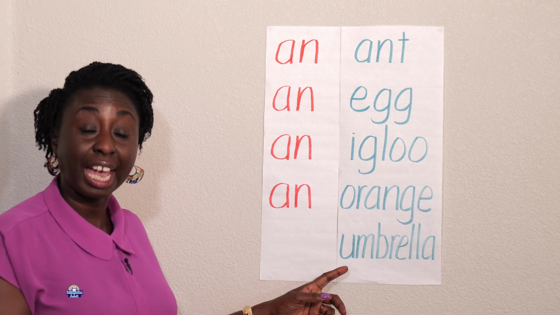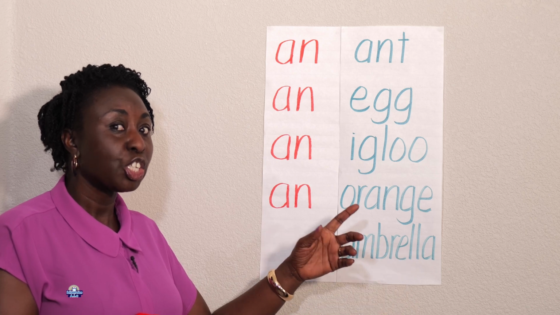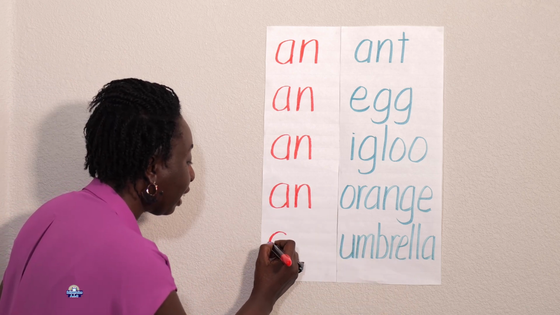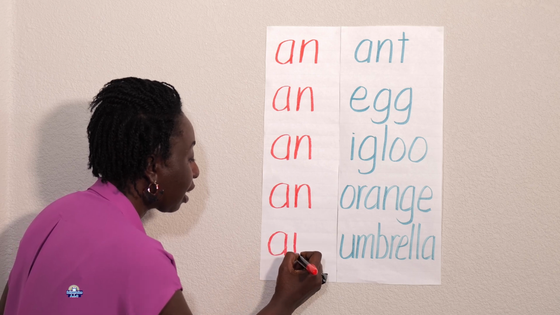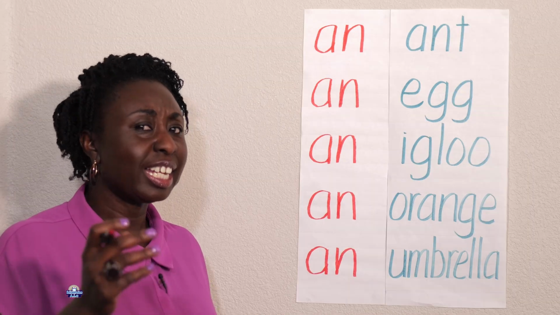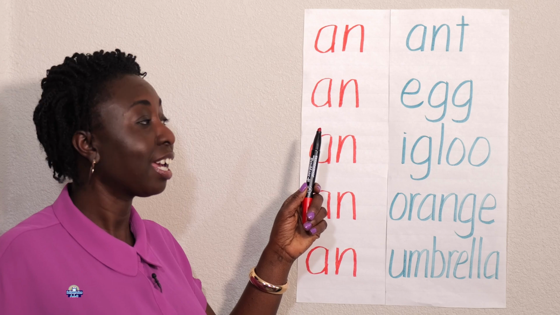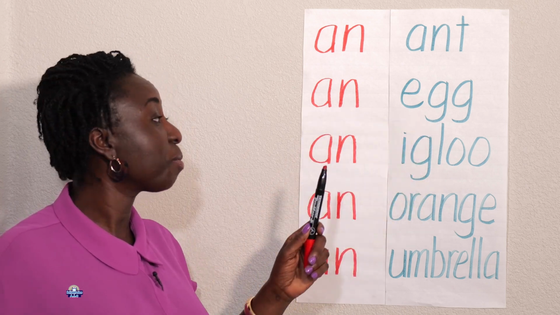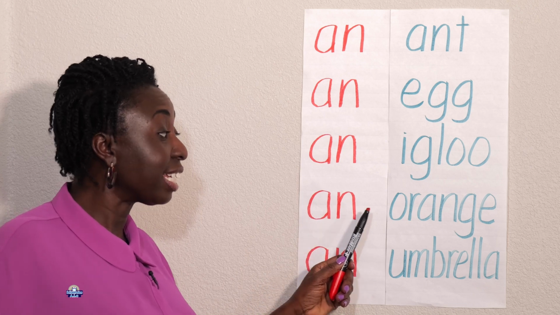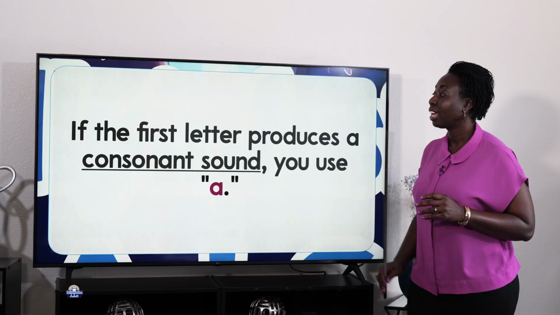And here we have the word umbrella. So we will have to say an umbrella. Let's read the phrases. An ant, an egg, an igloo, an orange, an umbrella.